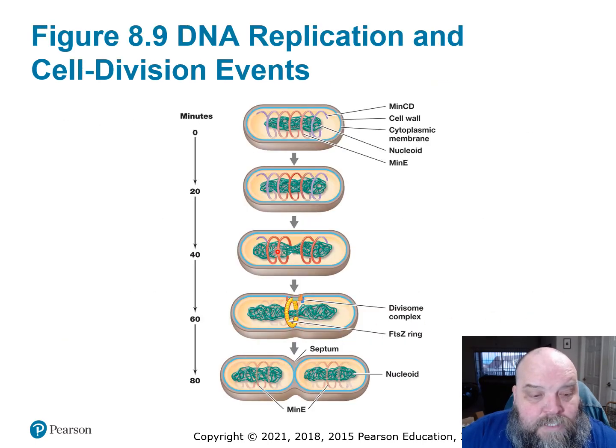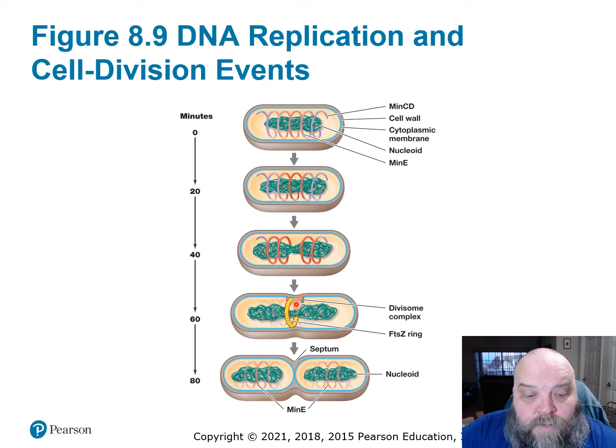So when you look at what's happening here, remember the MinC, MinD, MinE, they aid in separation of the chromosomes. Once the chromosomes have been pulled apart to a certain point, not complete yet, the MinCDE complex will position the FtsZ ring. FtsZ, FtsA, ZipA, all of that.